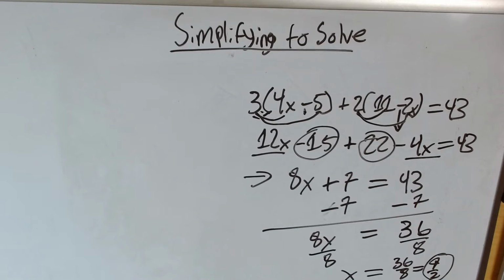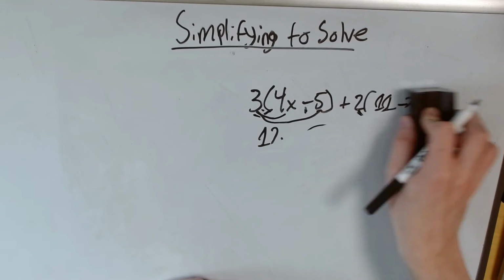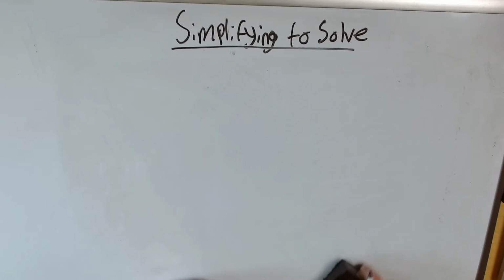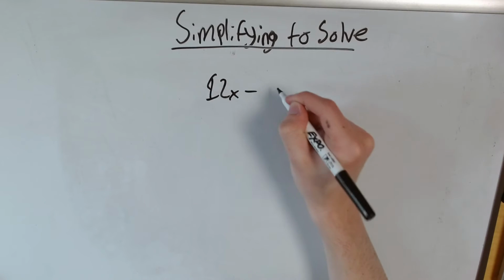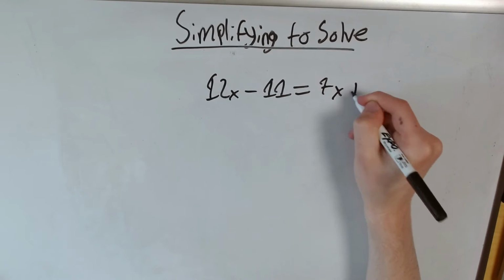Now, for the hardest challenge yet. What if we have equations with x's on both sides of the equation sign? This is the thing that most people struggle with, and this is the thing that we're going to practice the most. Right? So let's say you have something like 12x minus 11 equals 7x plus 9.